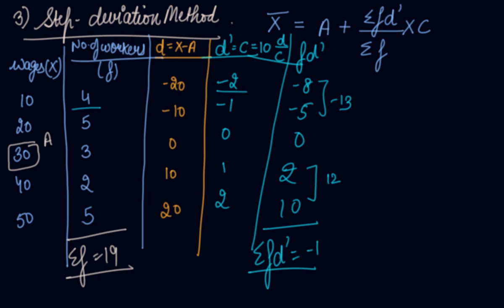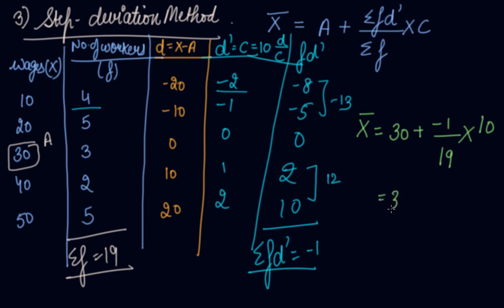So by putting all the values in the formula, x bar, your assumed mean is 30 you have taken, summation f d dash is -1, frequency is 19, into the common factor, which is 10.